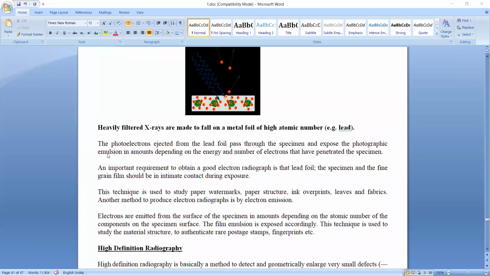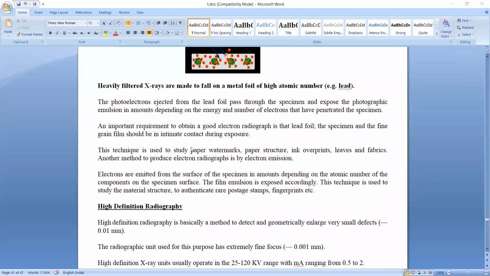Paper watermarks are very light, and paper structure is a micro level observation. These kinds of observations can be made by using this technique, electron radiography.